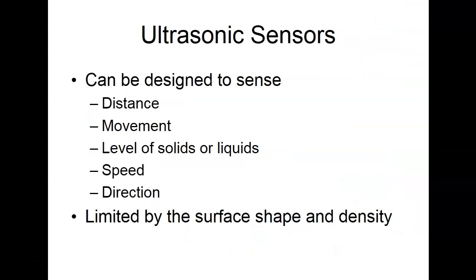So ultrasonics can be designed to sense distance, movement, levels of solids or liquid, speed or direction. The only problem we have with ultrasonic sensors is how much absorbance does this material that we're trying to check have, how much of the signal does it absorb, right?